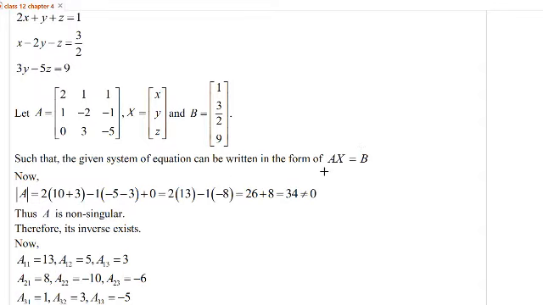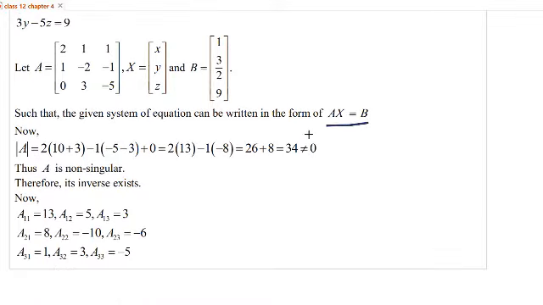First of all, AX is equal to B, as we had done previously, and then you can calculate the determinant with respect to the first row or first column, or whichever way you want. I'll do it with the first column, right? So first of all, writing this 2, then sign change, the negative of 1, and then the third element 0. For that I'll not do any calculation.